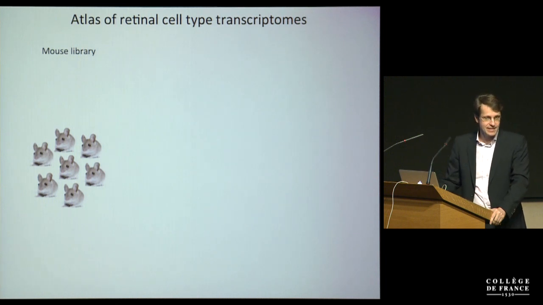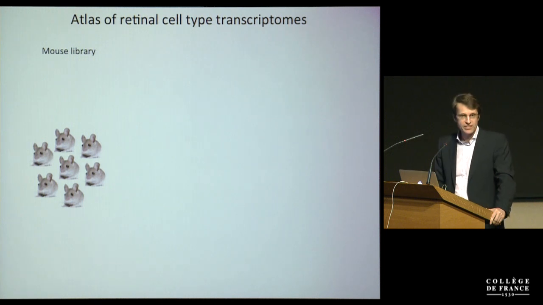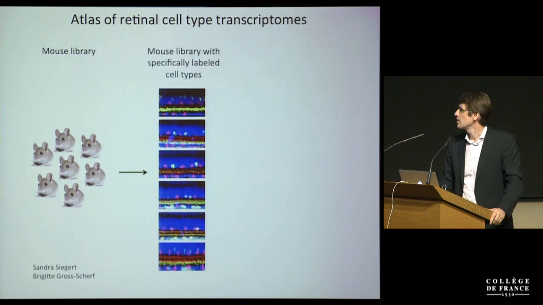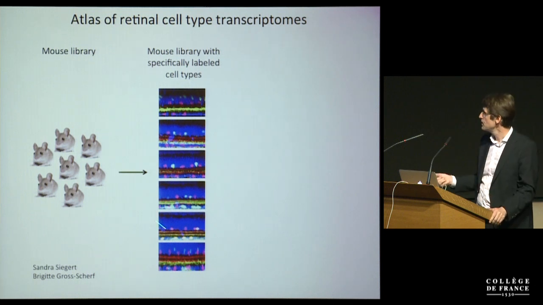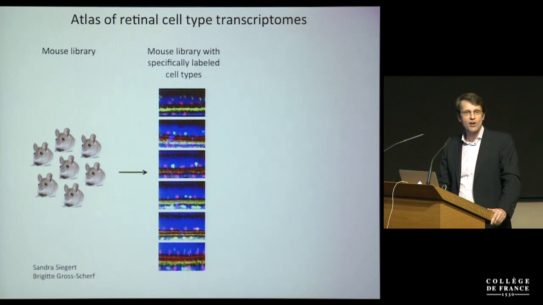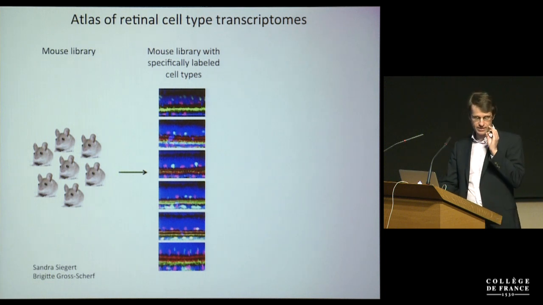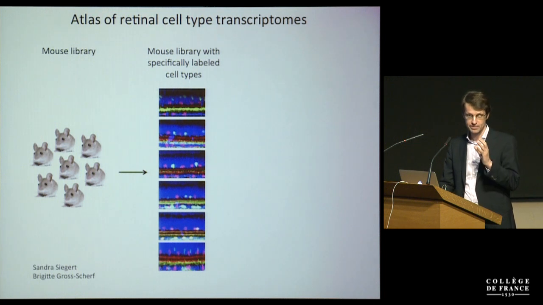So we got lucky that Nat Heintz sent us in the post around 3,000 eyes to Basel, which we reconstructed in 3D in an automated fashion, labeling for GFP as well as other markers. We found around 100 different lines in which either a single cell type or a combination of them was specifically labeled.